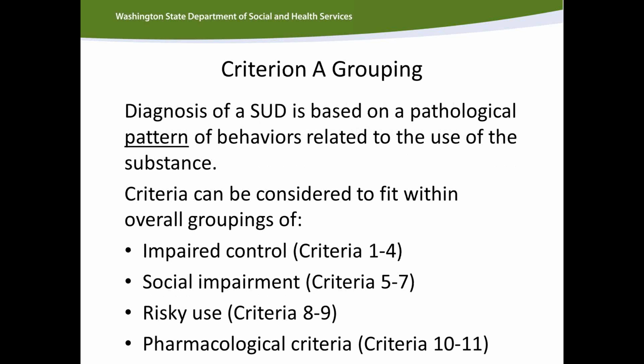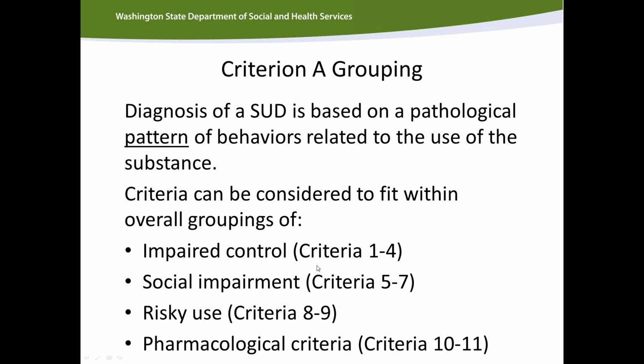Criterion A grouping: these are the criteria in the substance use disorders, the primary ones, the diagnostic criteria if you will, grouped into sort of severity groups. The impaired control would be criteria 1 through 4, and these are often what would have been considered the criteria for substance abuse.